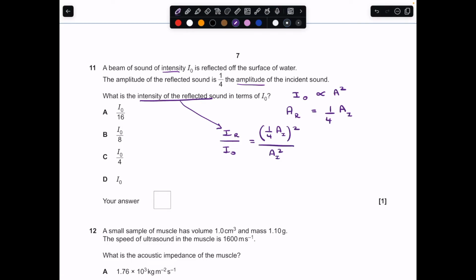So basically what it gives me is a 16th of I naught. Some of you might be able to just look at it and know the answer, or guess the answer, and you may have gotten it right, but I always like to use formulae and ratios to figure things out, because I never want to just guess an answer. So A is the answer for question number 11.